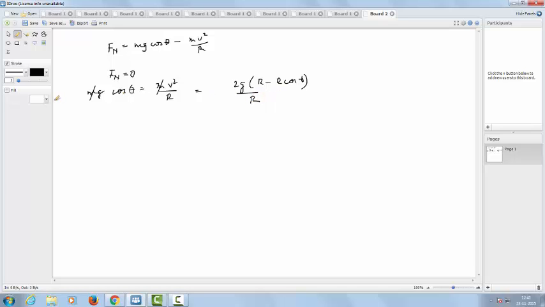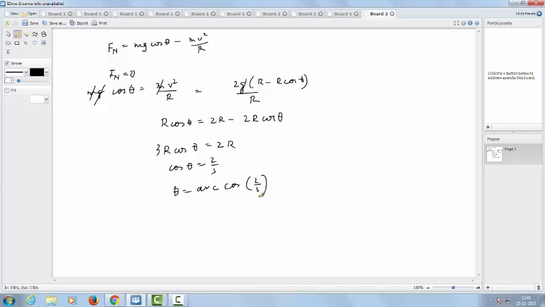So we can cancel g from both sides of the equation, and this gives us r cosine theta equal to twice r minus twice r cosine theta. So this gives us 3r cosine theta equal to twice r. This gives us cosine theta equal to 2 by 3, which gives us theta equal to arc cosine 2 by 3. That is the answer.